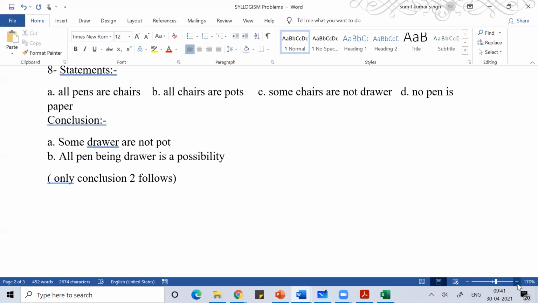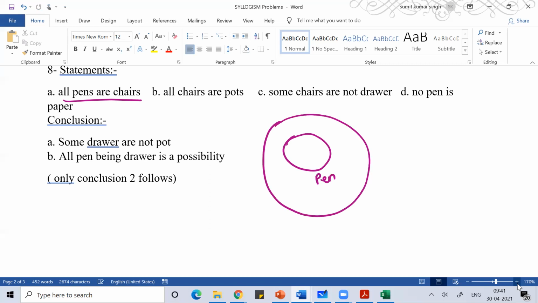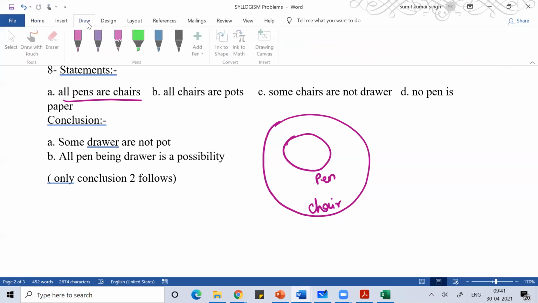Suppose statement one: all pen are chair. That is given. Statement two: all chairs are pot. So if I talk about pot, there's no other relation given about pot and chairs.